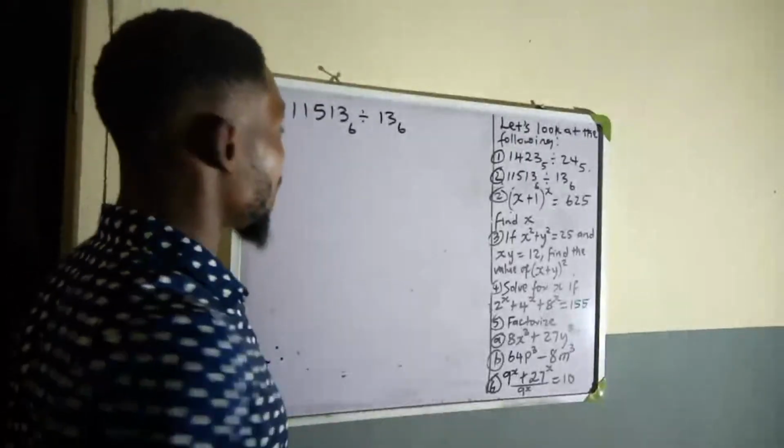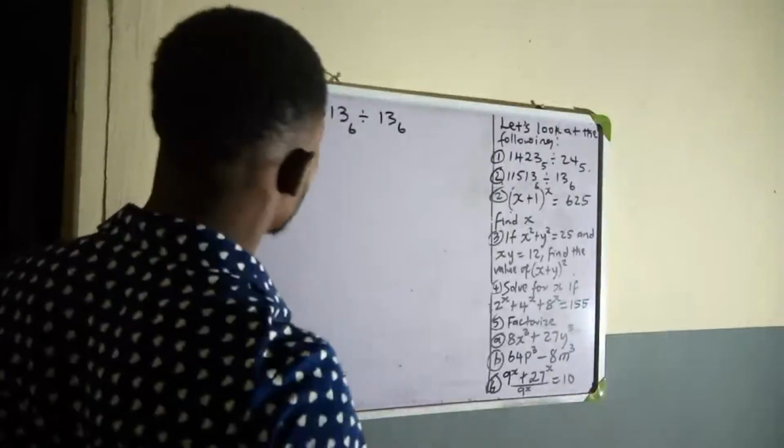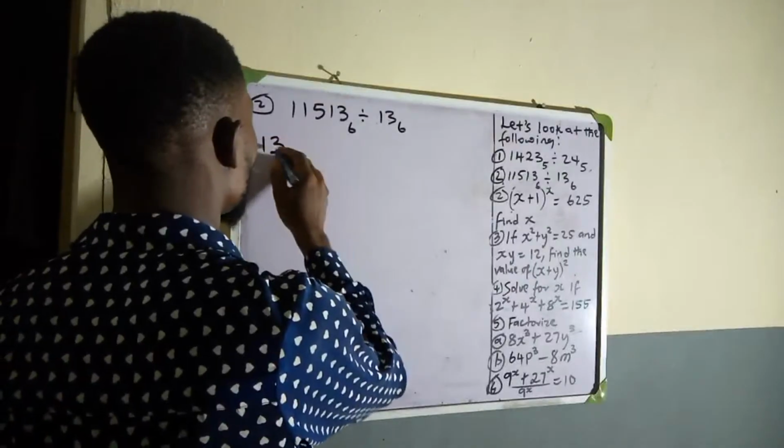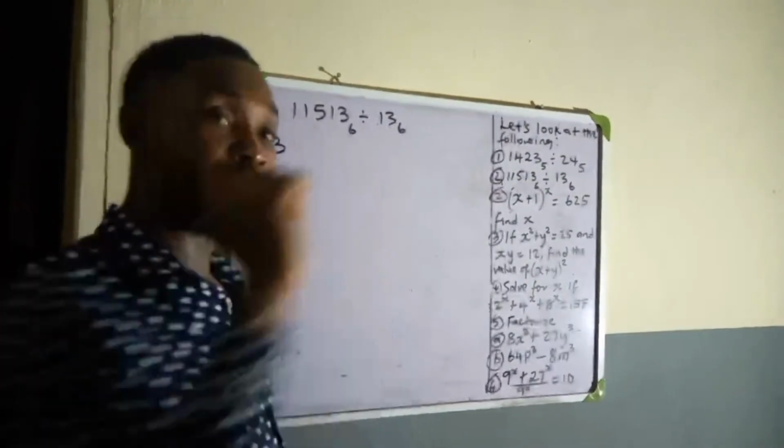In the same way as we solved the first one, we are going to form a multiplication table for 13 in base 6.